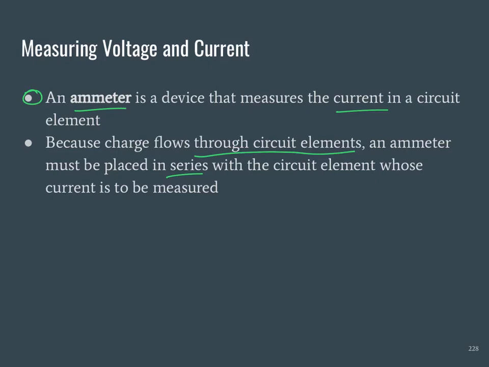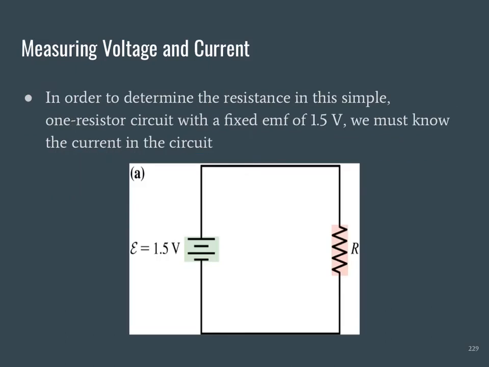So in the lab, if we use the simulation, we kind of cheat because we have something that just does it for us, a little target thing. But in reality, if we measure current, we have to be in line with that circuit. So here, if I have my basic battery, 1.5 volts, and I have some resistance, I need to know what that current is that's flowing through the circuit.